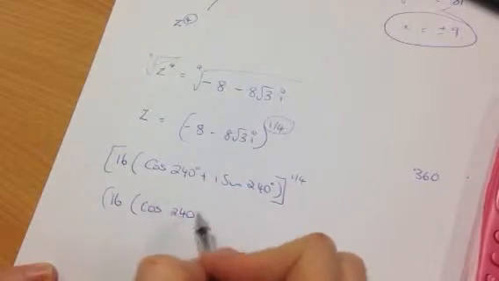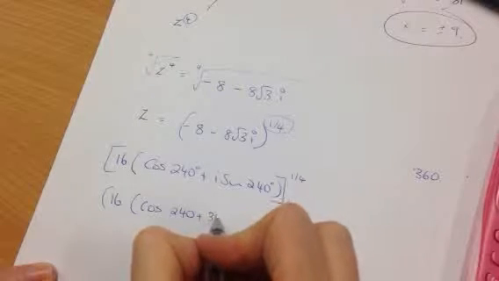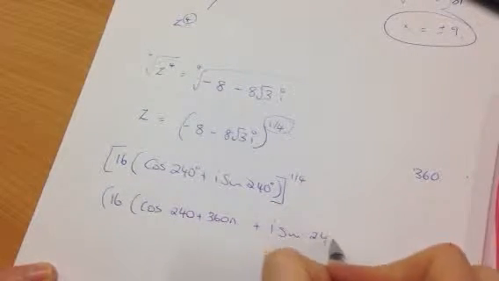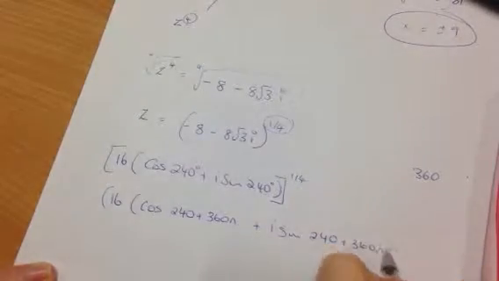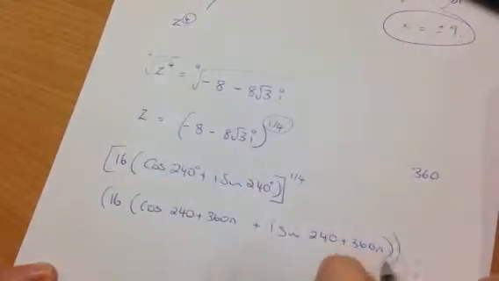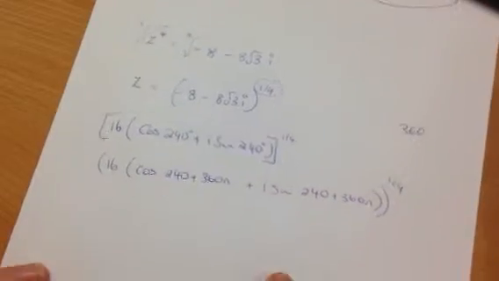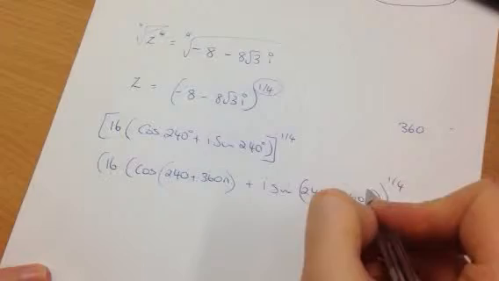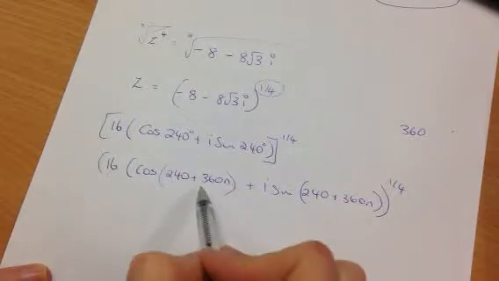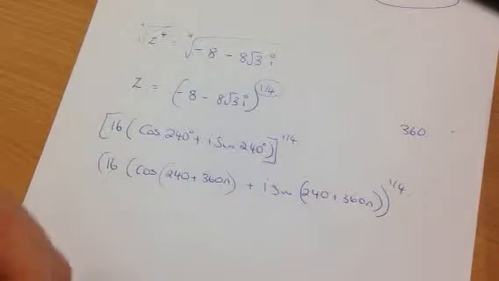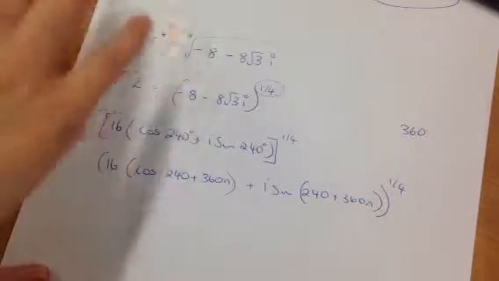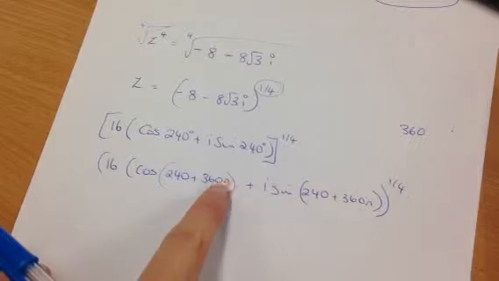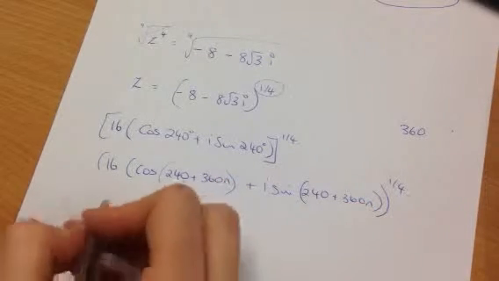And if it was in radians it'd be 2 pi n, but it's 360n, and that's all to the power of a quarter. The reason that I'm in general polar form is because I need 4 solutions. I need one of which I already have, but I need my 4 solutions. So this allows me to get various solutions.